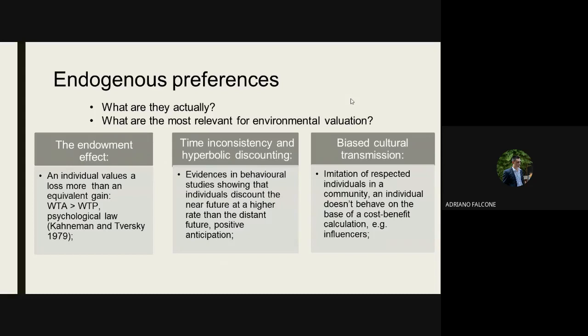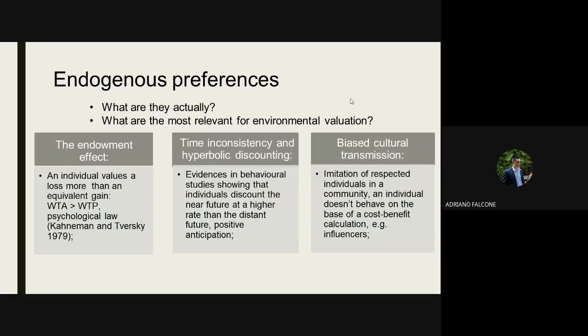For example, the discount of old people, retirement, and their future use of, for example, natural parks. The third one is the biased cultural transmission that is considered better than the standard theory, and it consists in the imitation of respected individuals in a community.